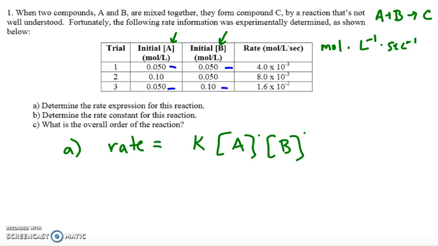If we look from trial 1, 0.05, to trial 3, 0.10, we see that we have doubled B. So we've taken B and increased its concentration twofold. Now what we want to see is, while A is constant and we double the concentration of B, what effect is that going to have on the rate from trial 1 to trial 3?